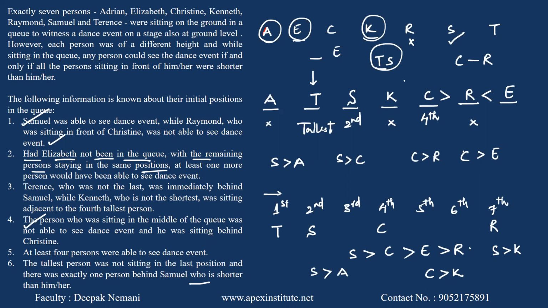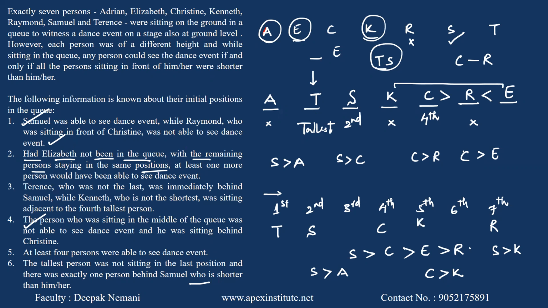Now between 5 and 6, you can have either Kenneth or Elizabeth being the fifth or sixth tallest.